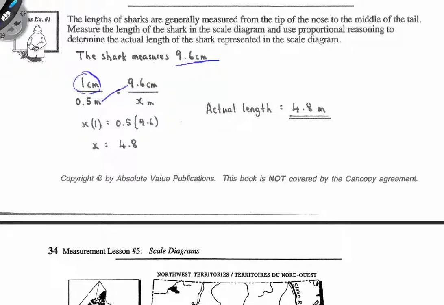So x times 1 equals 0.5 times 9.6, and then we divide both sides by 1. Multiply the pair, divide by the spare. So x equals 4.8. That would be the actual length in meters, 4.8.